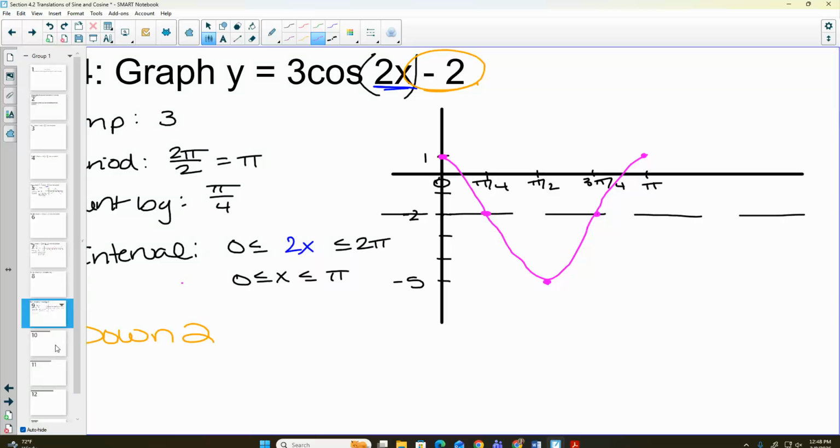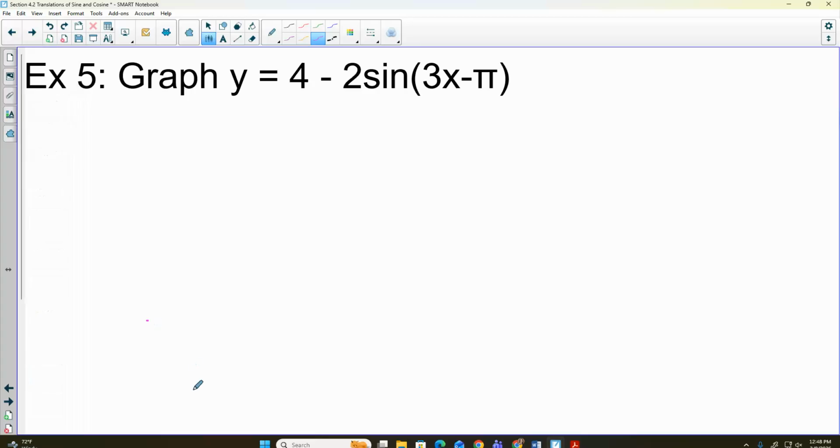Let's try another one. Okay. Another way you might see this written is -2 sine 3x minus pi with a +4 on the end.